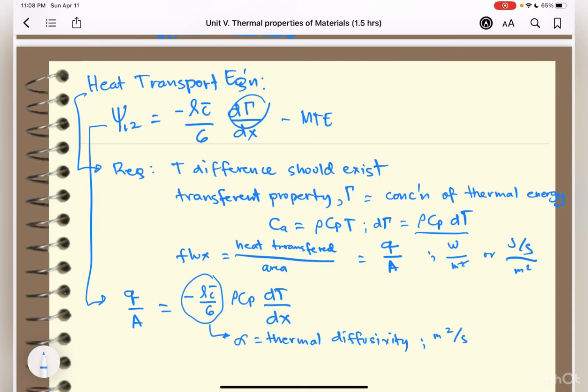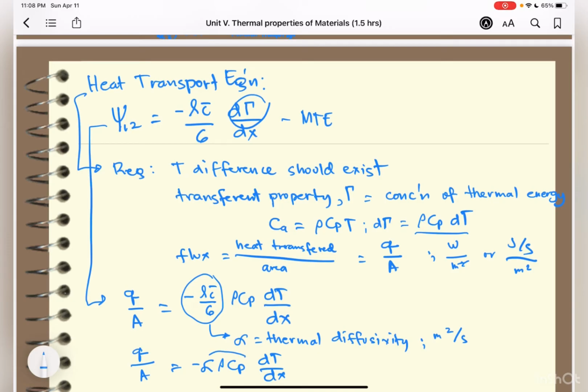Therefore, if that is alpha, my flux Q over A is equivalent to negative alpha rho Cp dT over dx. And what is this constant here?